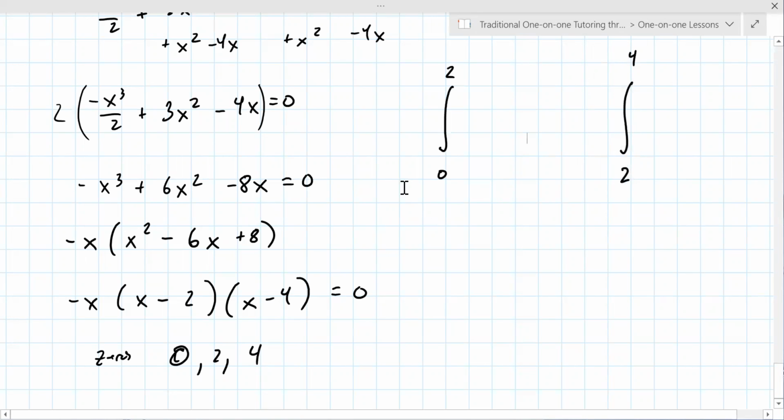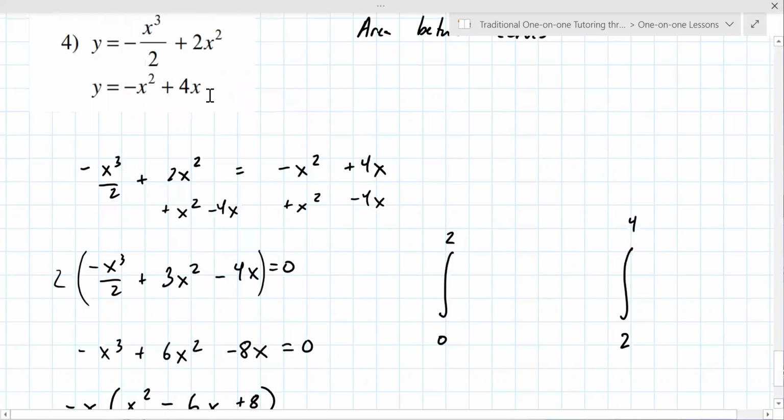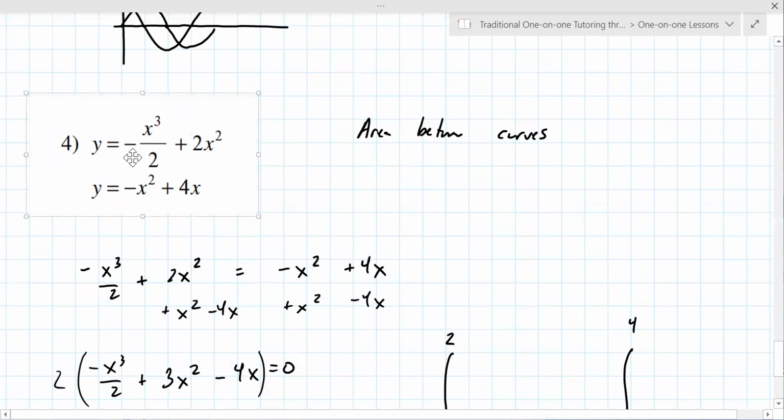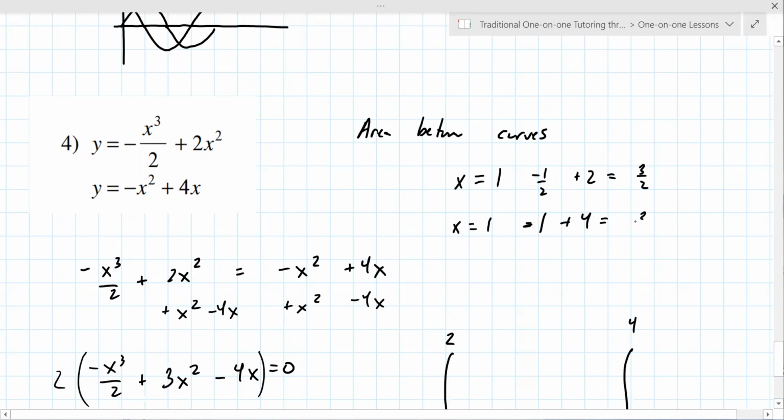Okay. So from 0 to 2, we should pick a number in between 0 and 2, like 1, and try it in both of these. So when x equals 1, the first curve is -1/2 plus 2. So that's 3/2. And then in the second curve, it's -1 plus 4, which is 3.